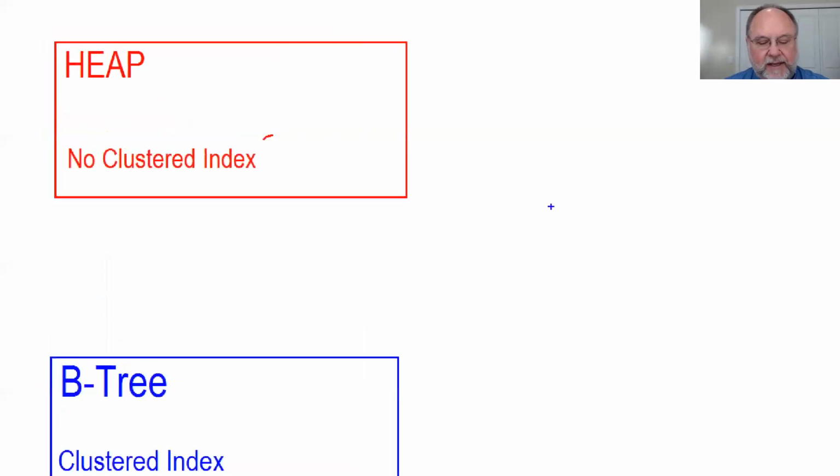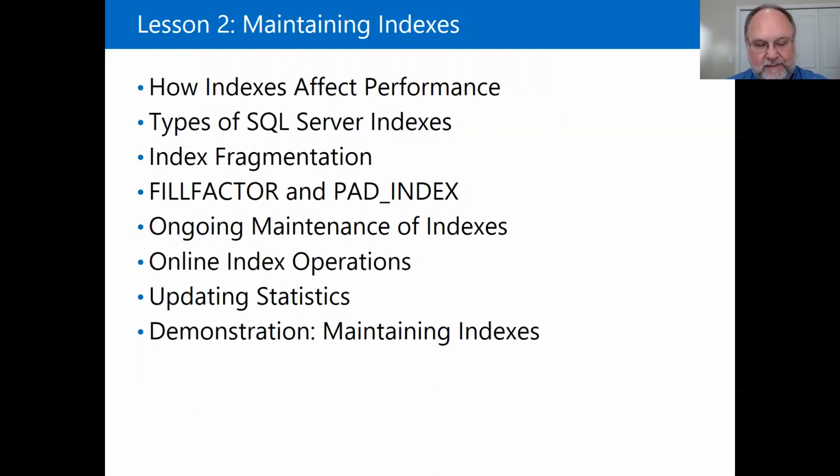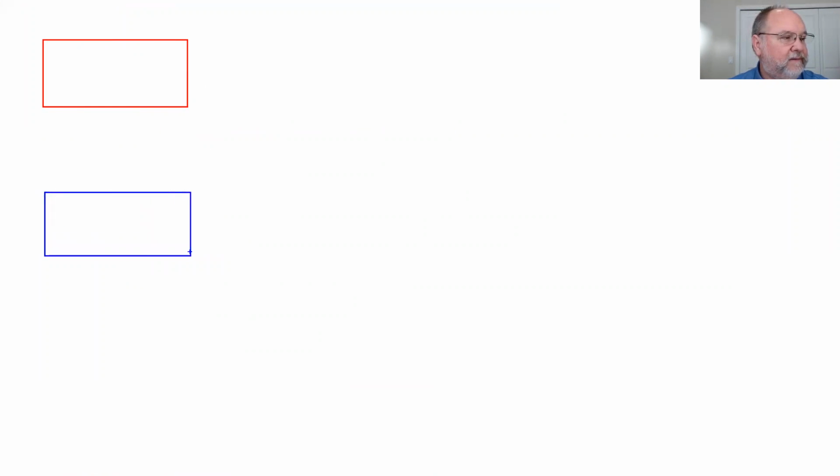So we have heaps and we have B trees. You will occasionally see a reference to something called a hobbit.